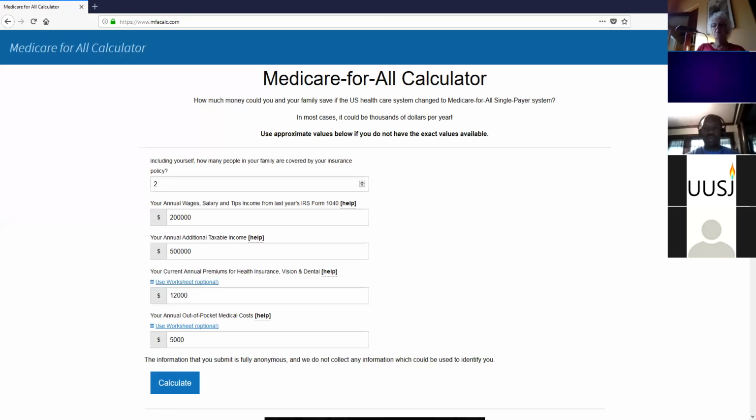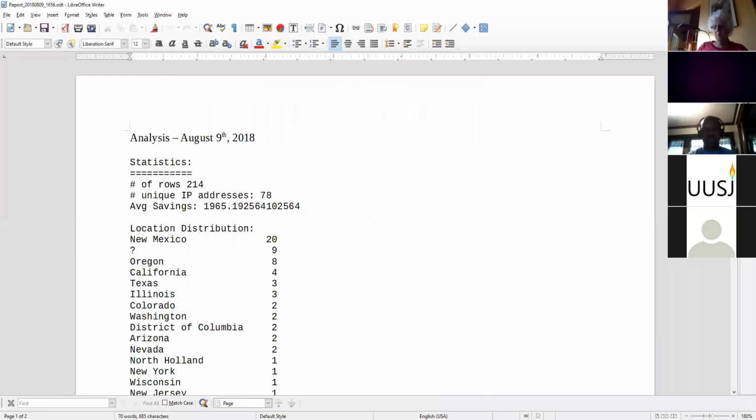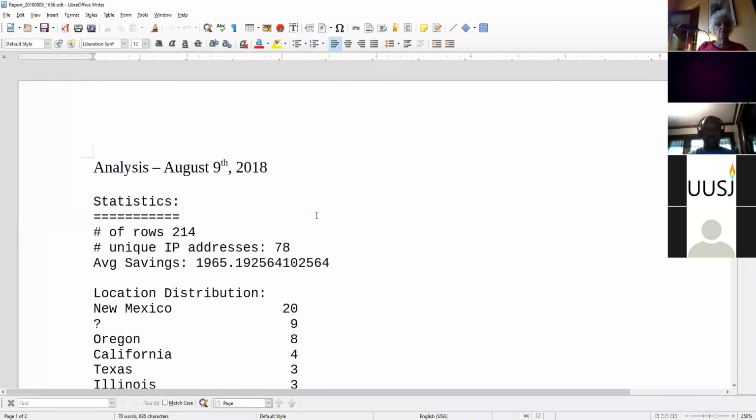But I was wondering how many people have used the calculator so far. That is a really good question. And I was just running the numbers today in preparation for this. Let me bring this analysis up. Let's see if I can share that. Okay, does everyone see a document that says analysis August 9th, 2018 on it?